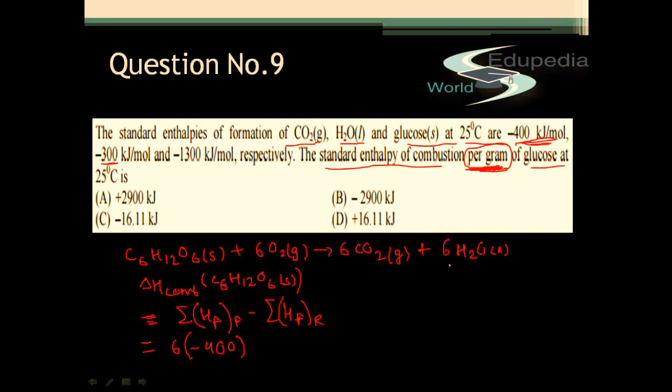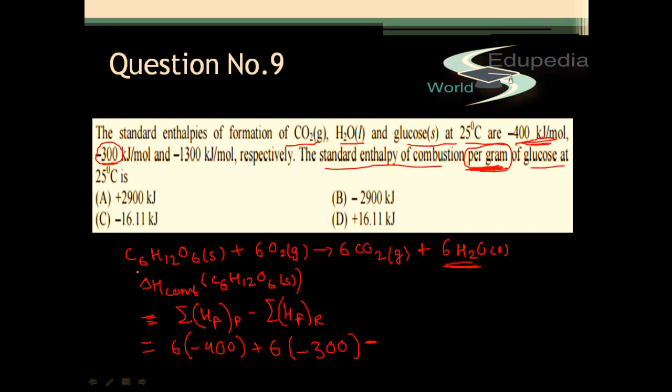Now what else are we getting? We are getting 6 moles of H2O. So we put 6 and we take the value of H2O from the question as minus 300. We get 6 into minus 300. This takes care of the products, minus the enthalpy of formation of reactants.